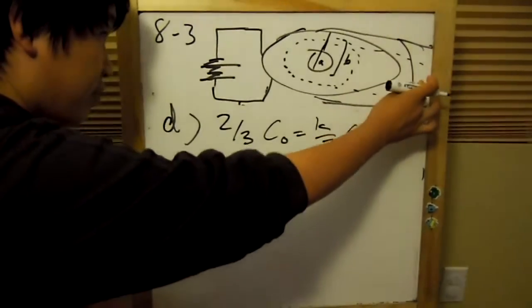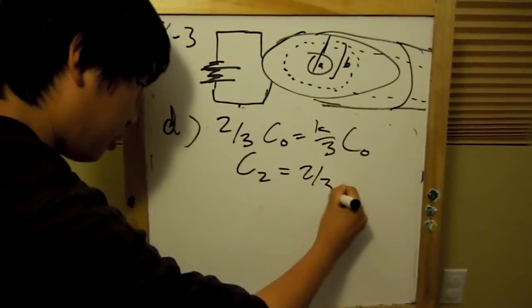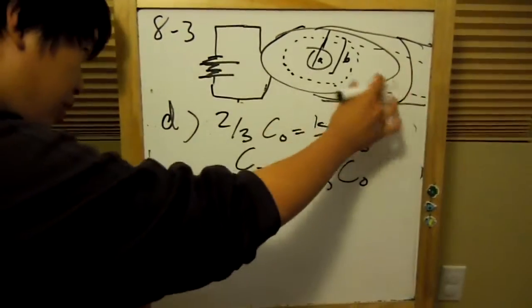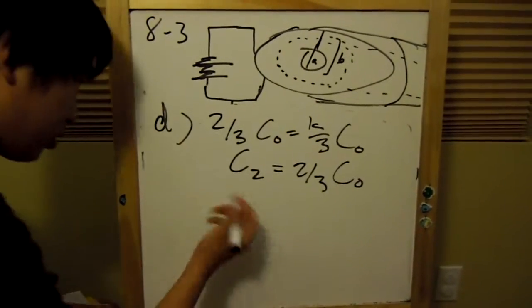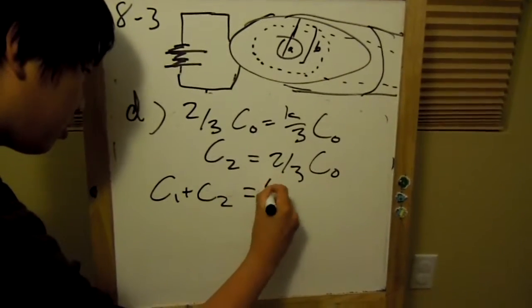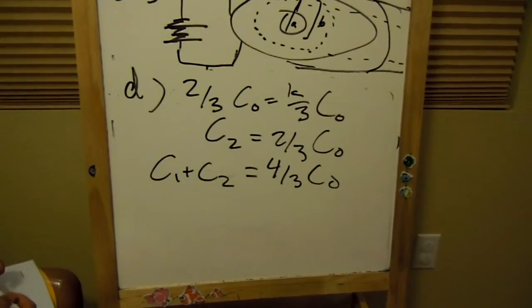So we basically have split it into two capacitors right here. And then these capacitors are in parallel, as seen in the circuit in your diagram. So we're just going to add C1 and C2, and the final answer is going to be 4/3 C0. And that's it.